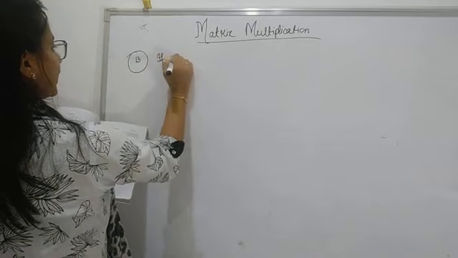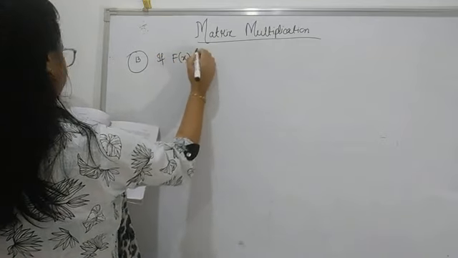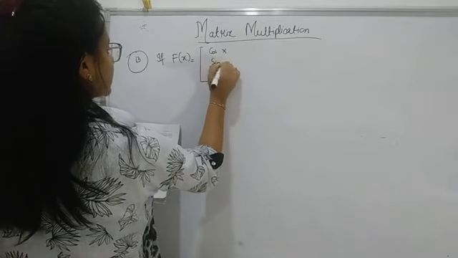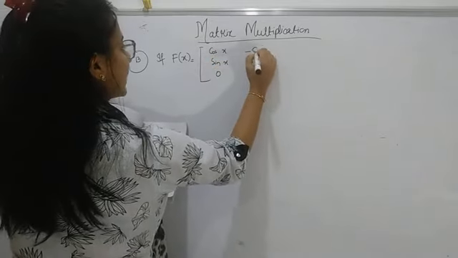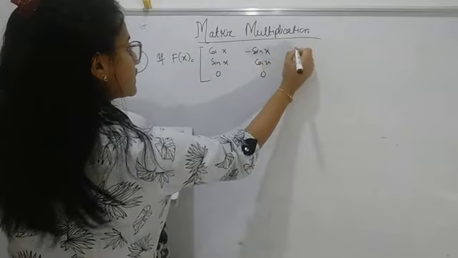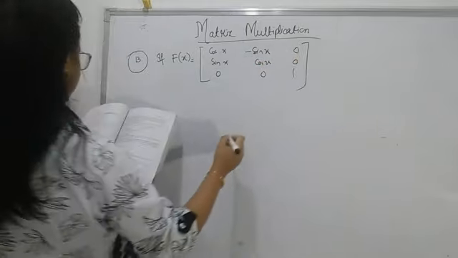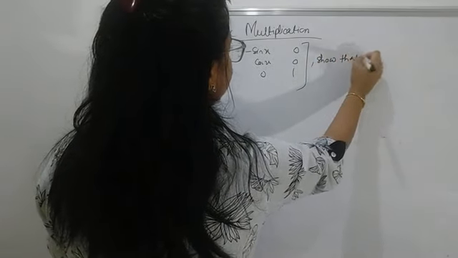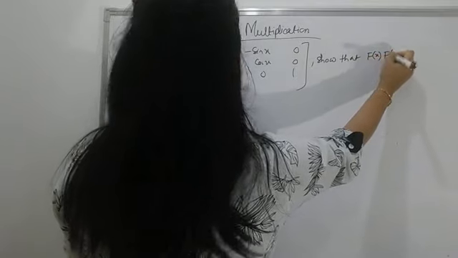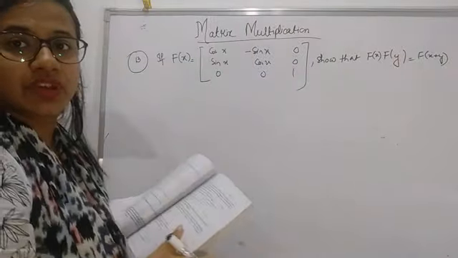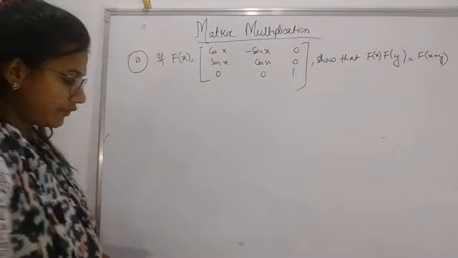If f of x is equal to cos x, sin x, 0, minus sin x, cos x, 0, 0, 0, 1. Show that f of x into f of y is equal to f of x plus y. We have to prove f of x into f of y is equal to f of x plus y.